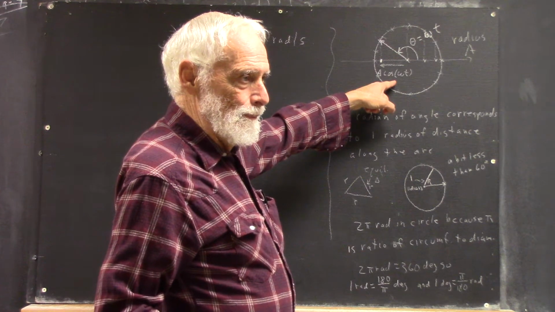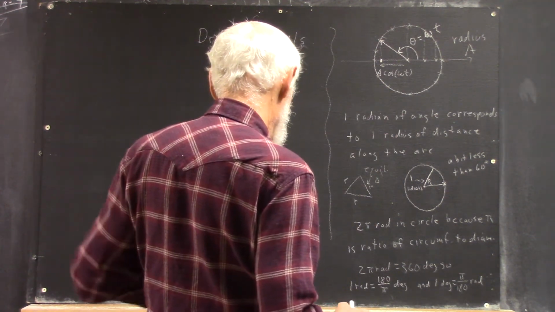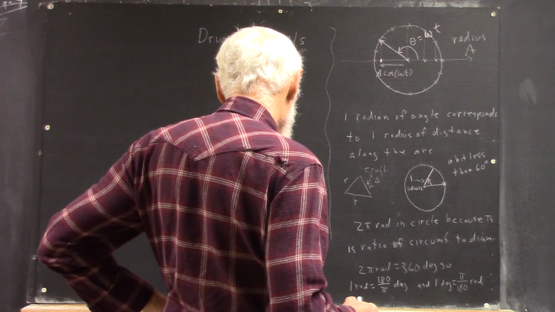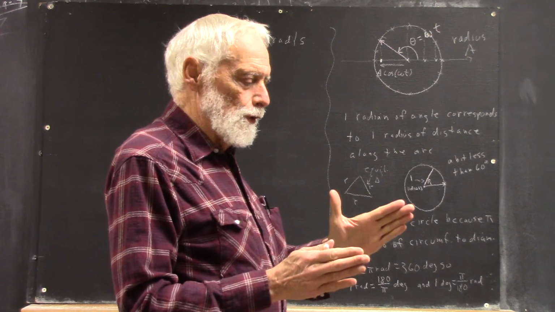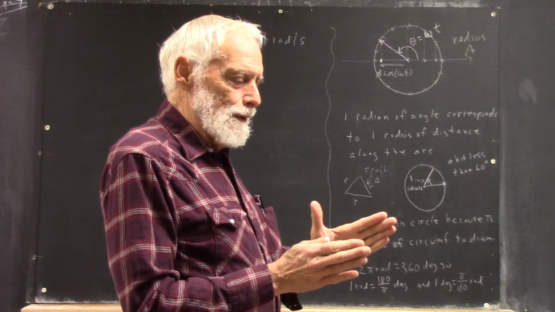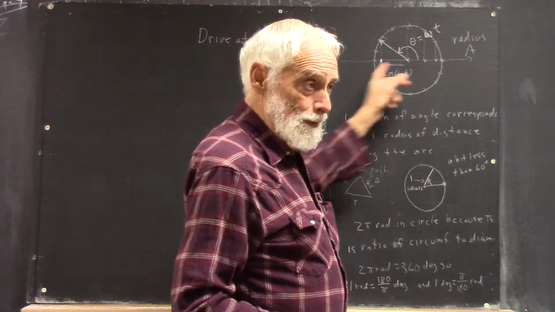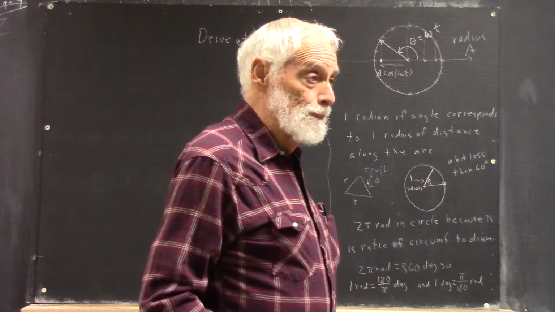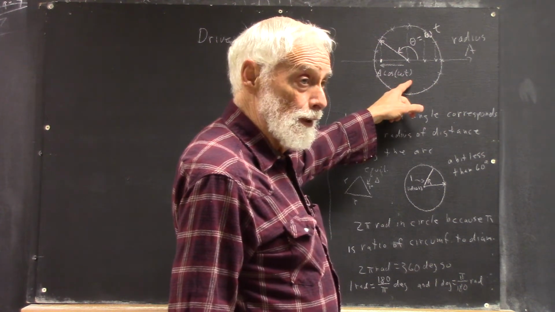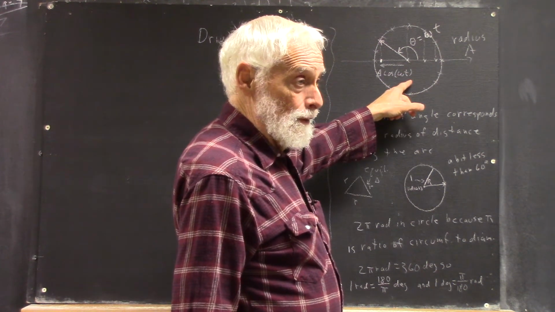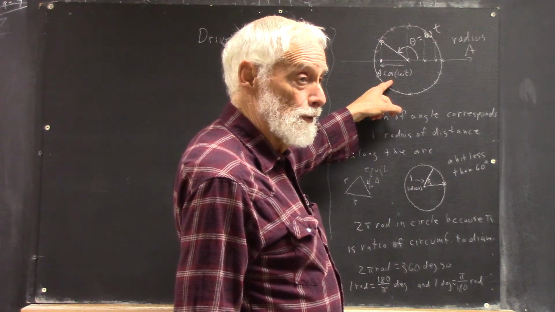So let's just say that I've got an oscillation that goes about this far, about an amplitude of 10 centimeters. So I've got a 10 centimeter radius in this circle. So that's 10 centimeters times the cosine of 10 radians per second times t. Well, if that's my position, what's my acceleration?